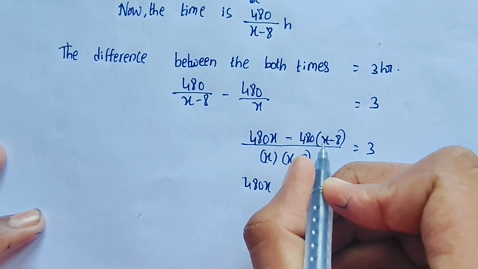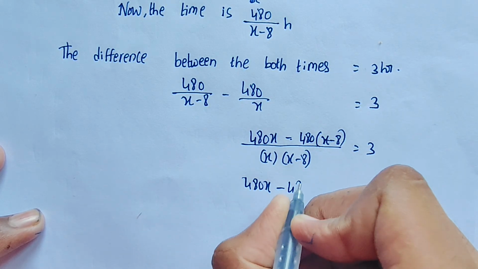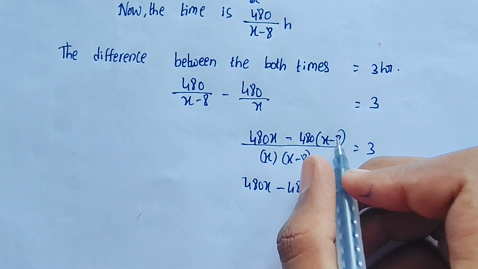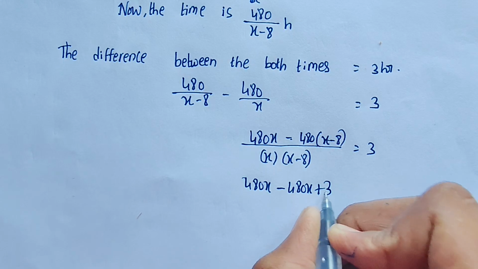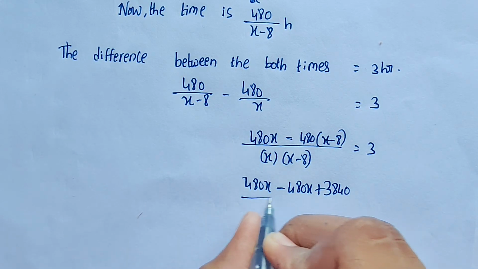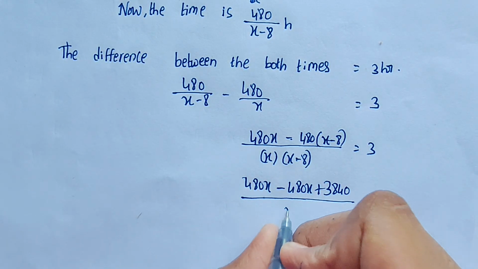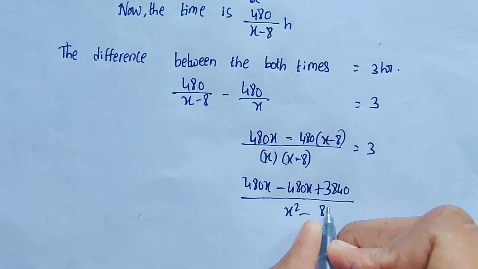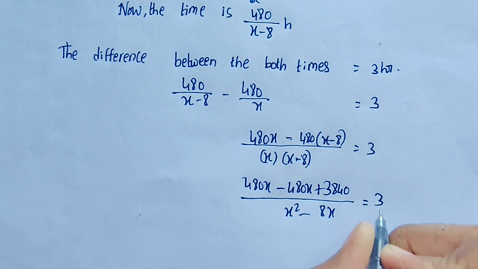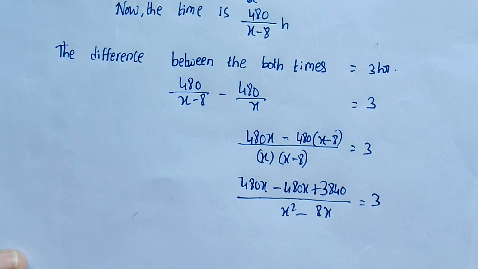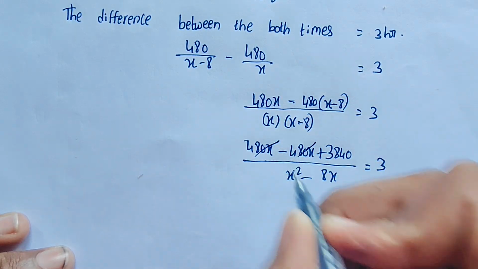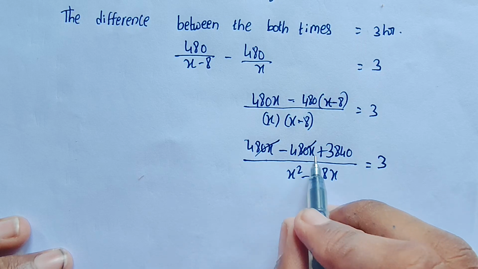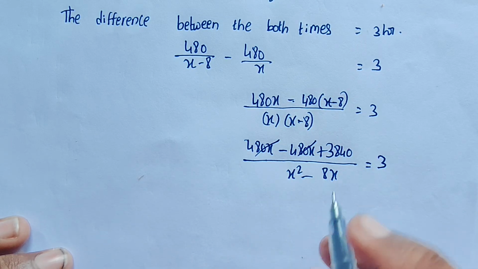So here 480x minus 480 into x, plus 480 into 8, it becomes 3840 by x into x, x square minus 8x equals 3. Now here 480x and 480x get cancelled because they have opposite signs.